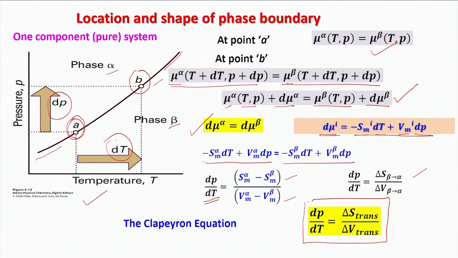This equation is known as the Clapeyron equation, which quantifies the functional relationship between equilibrium pressure and temperature and the underlying thermodynamics of the system, involving the change in transition entropy and change in transition volume.